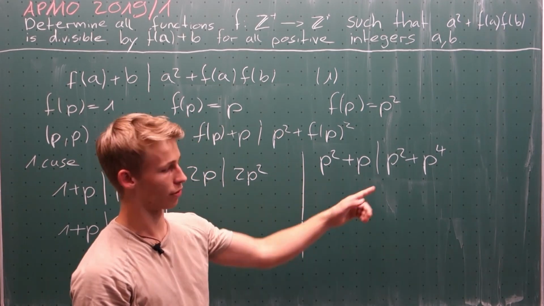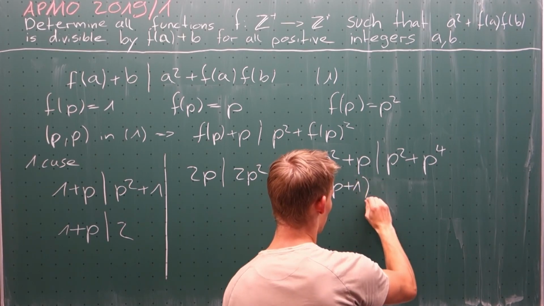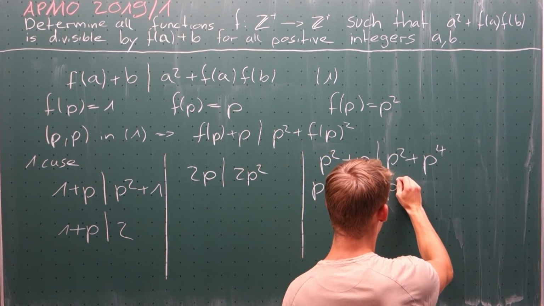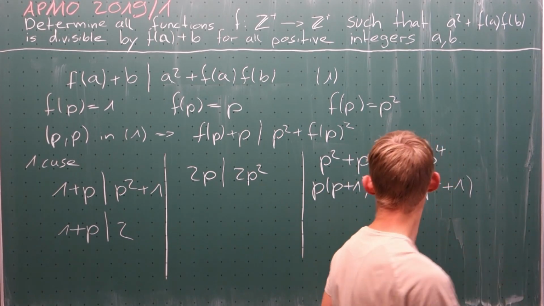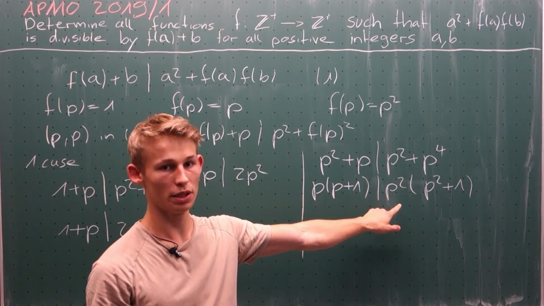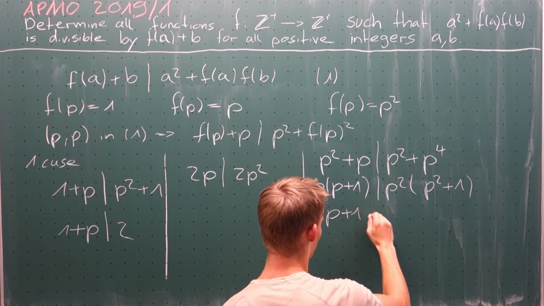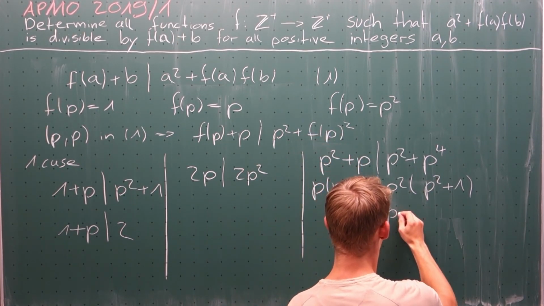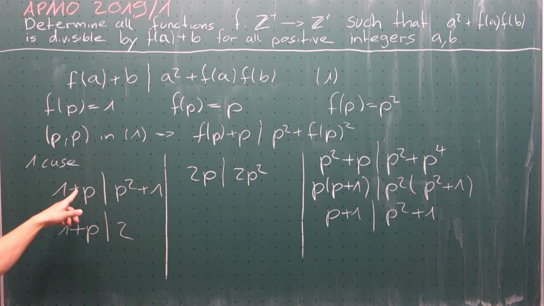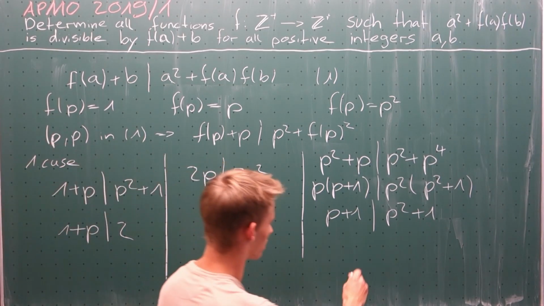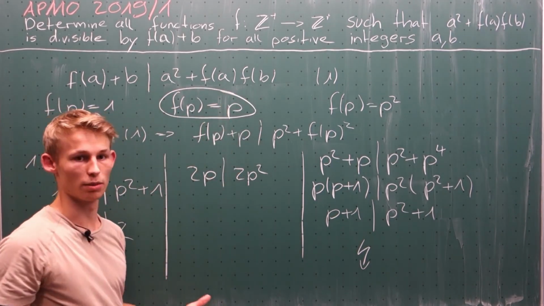And now we can factor both sides and get p times p plus 1 divides p squared times p squared plus 1. But since p plus 1 and p are relatively prime to each other, we know that p plus 1 must divide p squared plus 1. And this is a contradiction because of the same argument as in our first case. So this is also not possible, and f of p is equal to p is our only possible case.